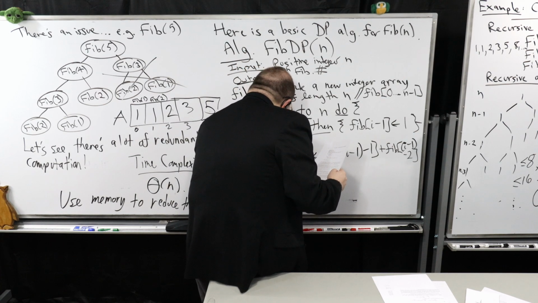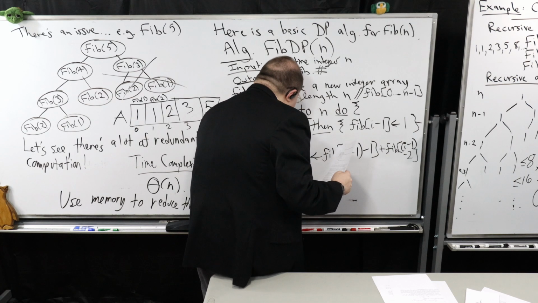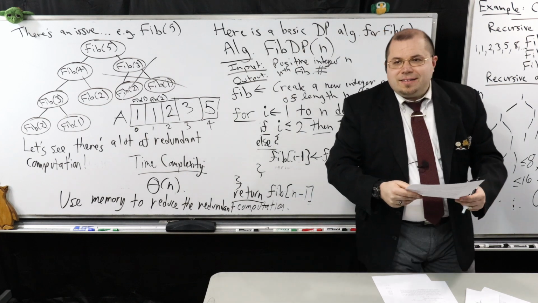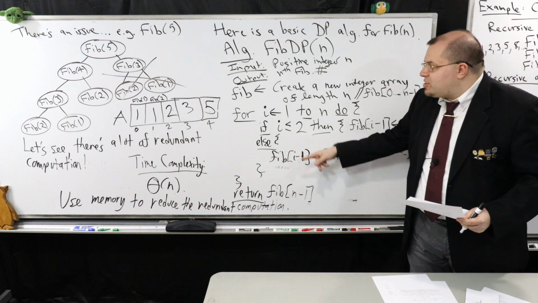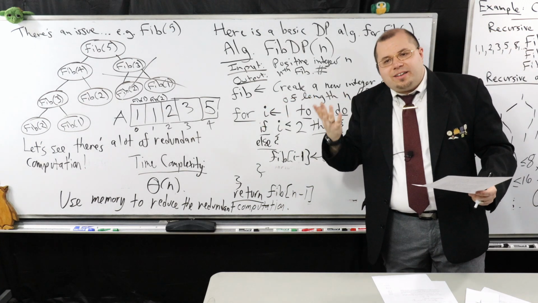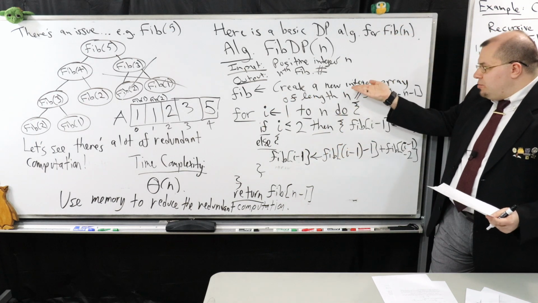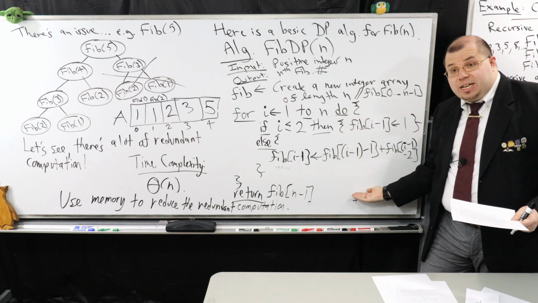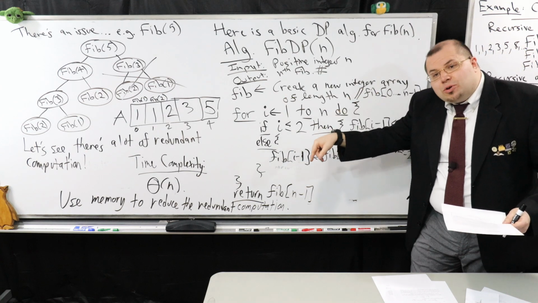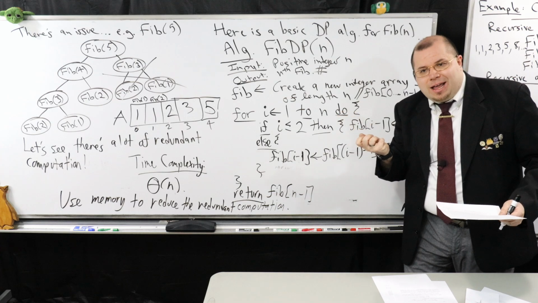That's the first big thing I want you to notice: I used this memory, this array, to organize my answers. I used the recursive definition of Fibonacci here, but I used the table to formulate and combine my answers.